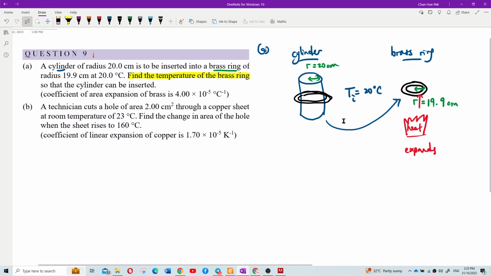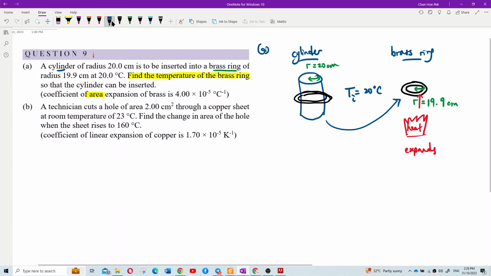This question gives you the coefficient of area expansion, so this question needs you to find the area. What should I do? The final area of the brass ring must have radius 20 cm also, isn't it?